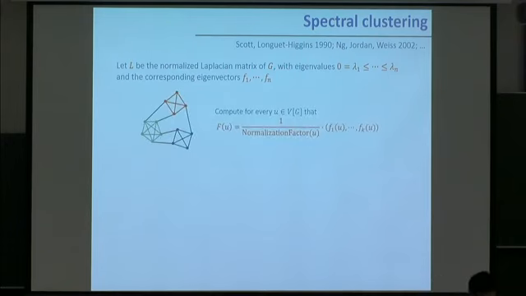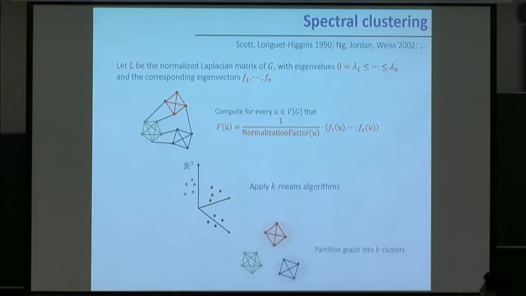The first step is to embed every vertex of G into a point in k-dimensional space according to the bottom k eigenvectors. So now we have n points in k-dimensional space. We simply apply the k-means algorithm to group the n vertices into k clusters. According to the outcome of this k-means algorithm, we partition graph G into k clusters.